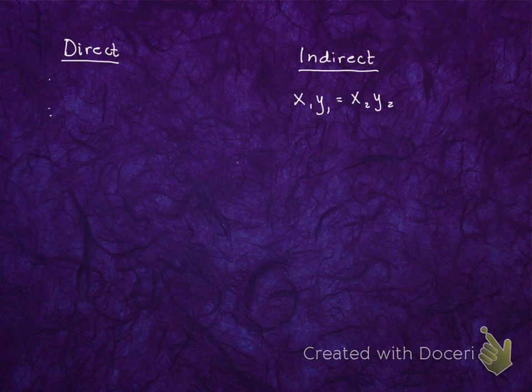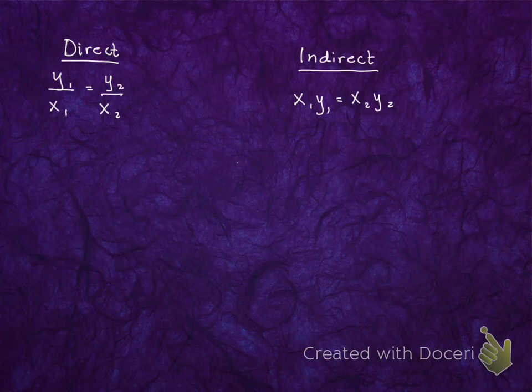Okay, well, that's all right. Let's just rewrite it. Let's say y1 over x1 equals y2 over x2. Or you could have x1 over y1 and x2 over y2. Either way, it doesn't matter, okay? As long as you keep y's on top and x's on the bottom, you're good.